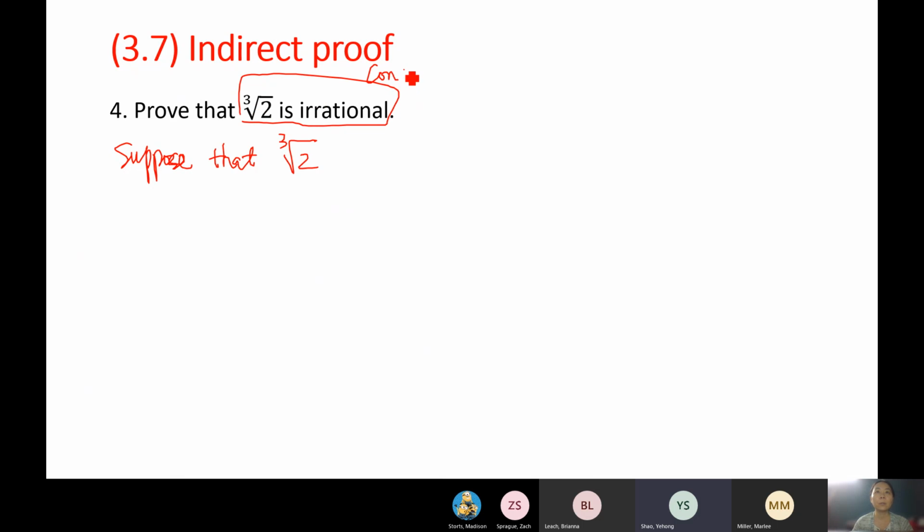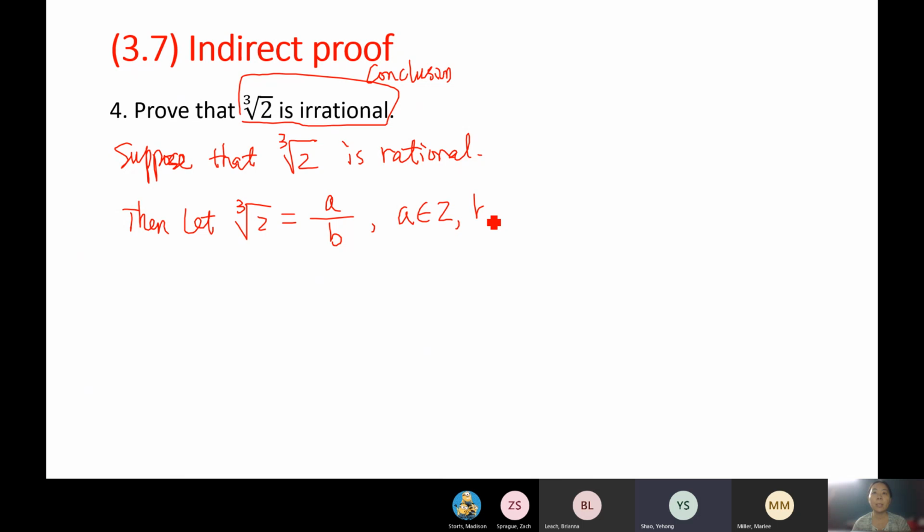We want to negate this. So assume that this is rational. Similarly, if it's rational, then we can pick a fraction for this rational number, A over B. Now I can use A over B because there's no A here. A is an integer, B is an integer, and B is not equal to zero.